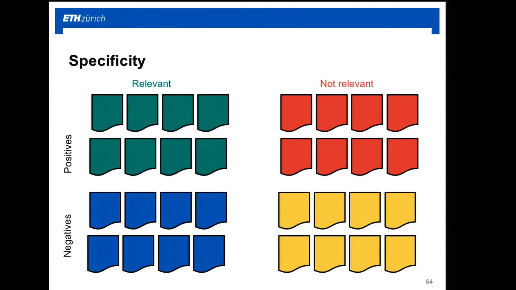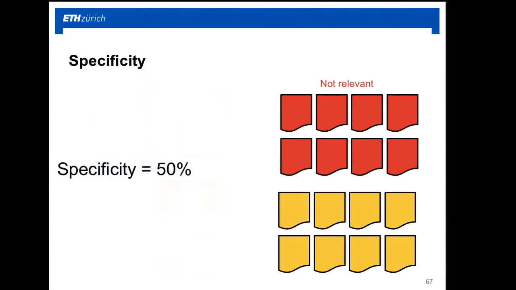You would have to swap both the columns and the rows, by the way, to really be consistent. I'm telling you that as a way to remember things: really it's specificity on the right, recall on the left, and precision is just different. By the way, we don't have any name for the bottom row. We could imagine one, but there is none.